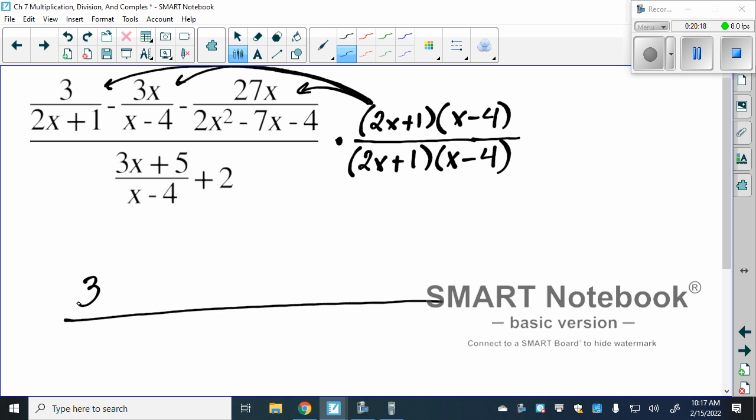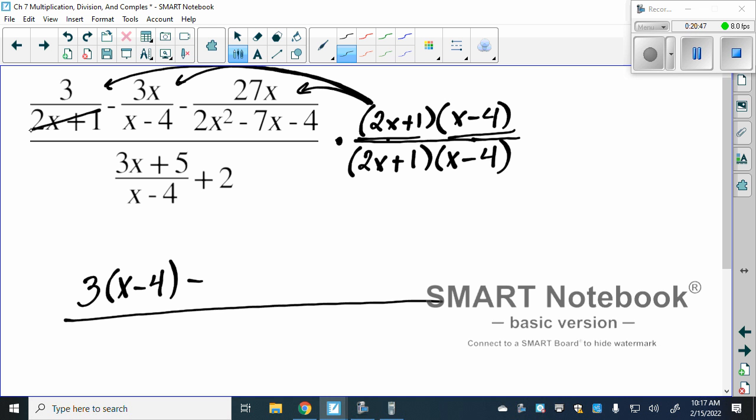The denominator 2x plus 1 would cancel out with the, leaving us with x minus 4. Would that one cancel that over that? So the top one here, we're multiplying the 3 by the 2x plus 1 and the x minus 4. The 2x plus 1 and the 2x plus 1 would cancel, leaving x minus 4 and times the 3.